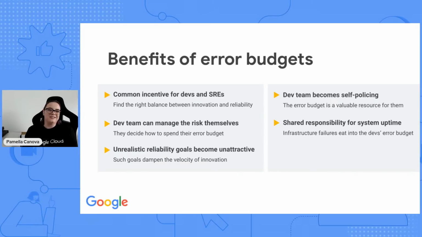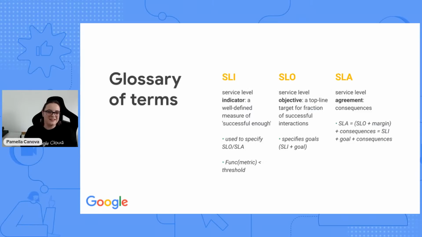It's also something that's shared between all areas. The error budget is shared between all of them. If something goes wrong, you cannot blame only the devs. So it's important that everyone assumes they are part of this.